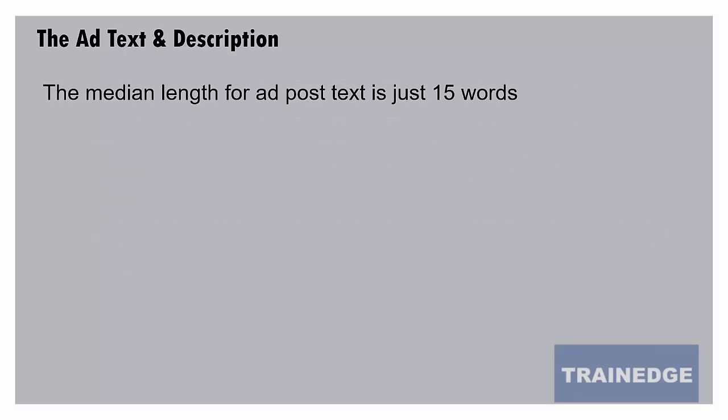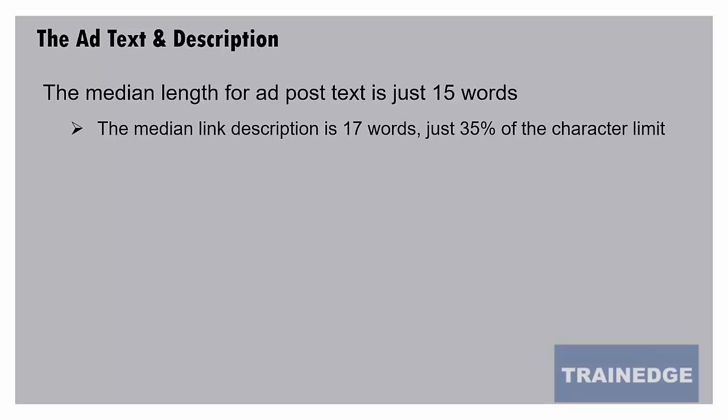The ad text and the description is something where you can tell more about your product or service or about the offer, and the median length for the text is only about 15 words. If you are doing a link description, it is only about 17 words, which is 1/3 of the character limit.